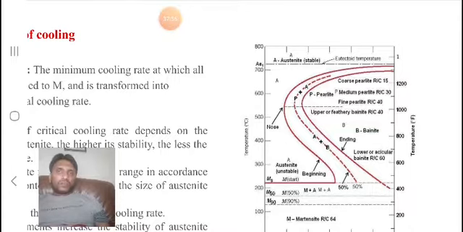And the two curves: the first curve, the left side curve, indicates the starting of the transformation, that is austenite transforms to perlite or anything. And the last curve, that is the extreme right curve, indicates the completion of the transformation, whether it completes the austenite transformation into perlite or sorbite or bainite.